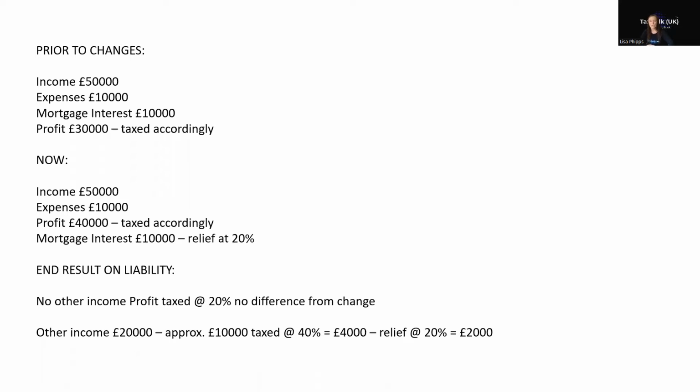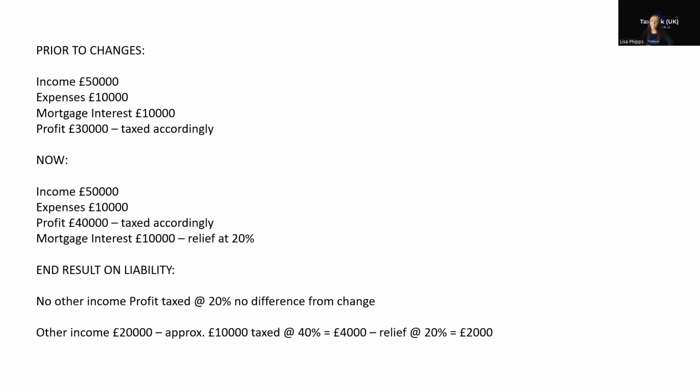So the change makes no difference to your liability. Now you can see that if your total income, including your profit from your rental income without reference to the mortgage interest, is below the high rate threshold, you won't be affected at all by these changes. You will still pay exactly the same amount of tax that you would have done before.